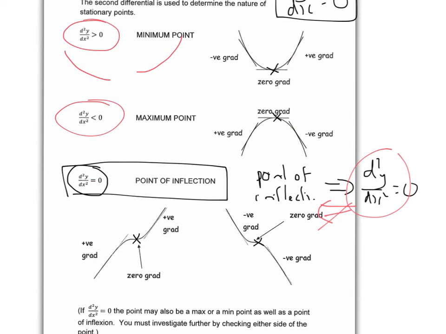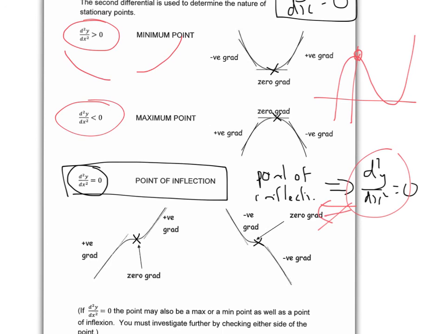So let me draw you a little diagram. If I was investigating this particular graph and I'd found out that I had a turning point here, clearly we can see in this case that it's a maximum. But if I'm trying to work out which values to plug in, if I plug in here and here, that's fine. You could even go for here and here, or there and there.